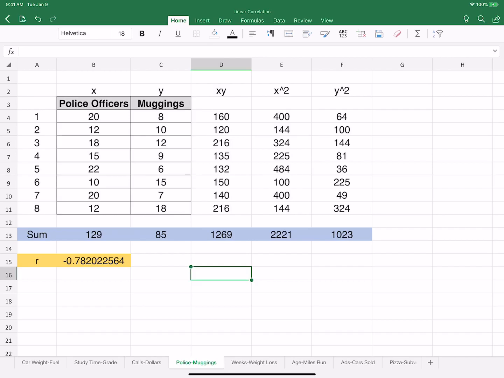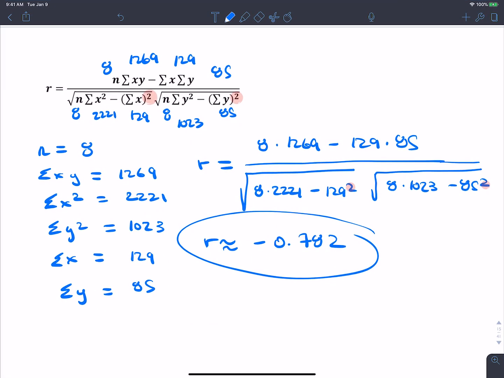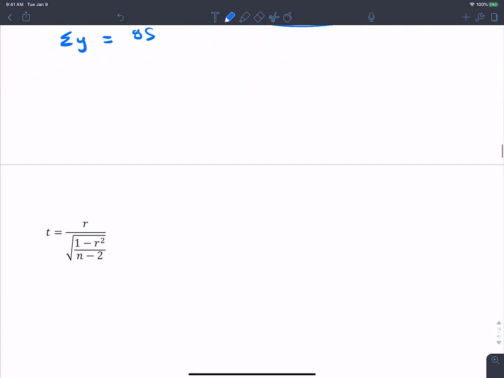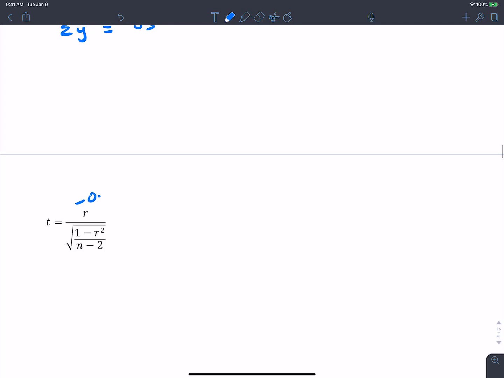What do we do next after we get the R value? We need the test statistic. Is that right? Negative 0.782 here, I replace for R. Negative 0.782. N was 8, I believe. Was N 8? Double check.